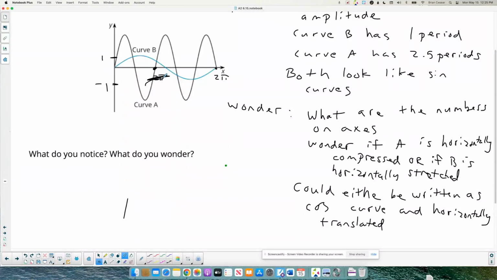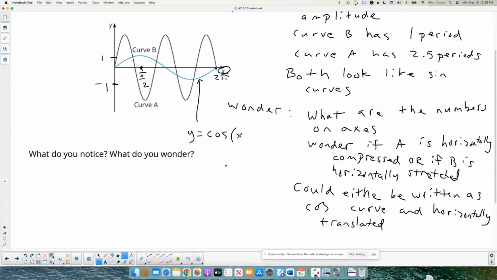So if this is pi over 2 here, could I write this as y equals the cosine of, now I have to use x because it says x on the x-axis. If you look right here, it says x.